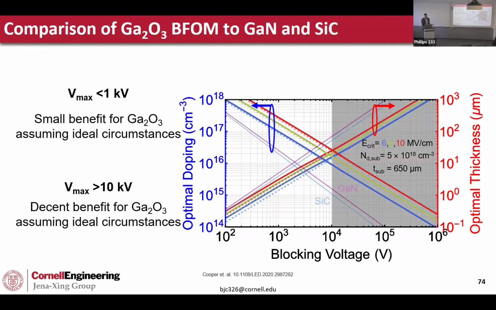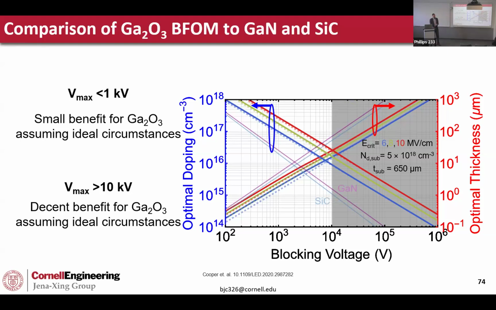Notably, if we go to high kilovolts, we actually do start to see a benefit. As you move down this doping, you start to fight all of the defects that are generating all the intrinsic material nuances. For gallium oxide, people have claimed down to 10 to the minus 14, but it's quite difficult.